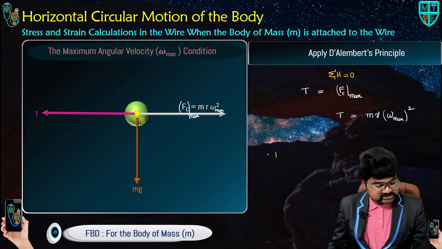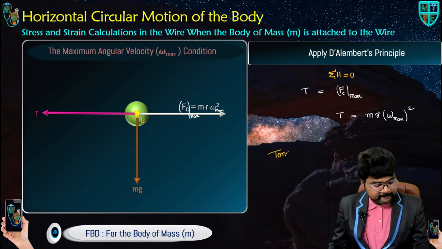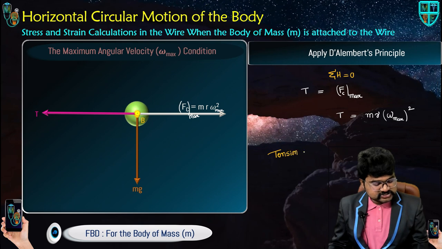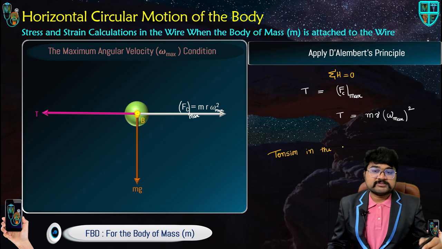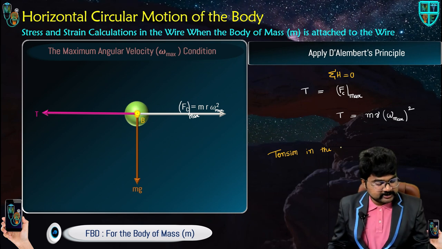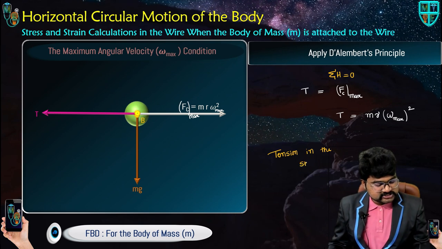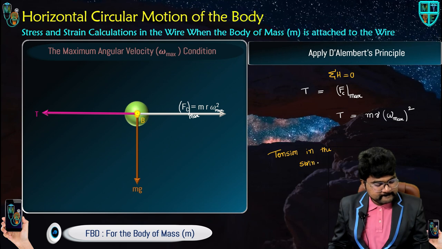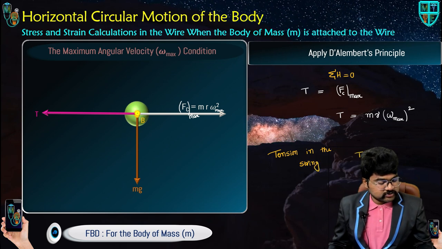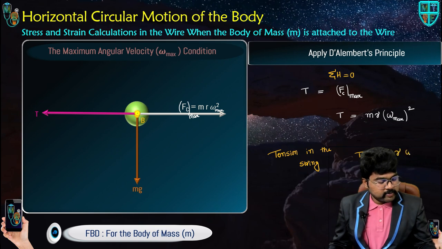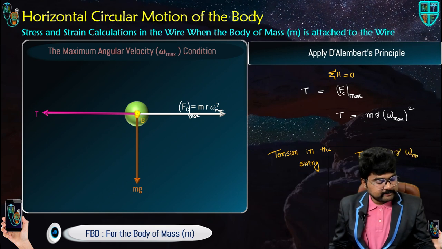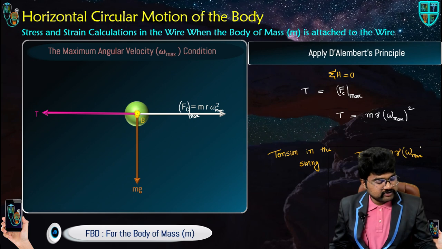Finally, the tension in the string at maximum angular velocity condition is T equal to m r omega maximum square.